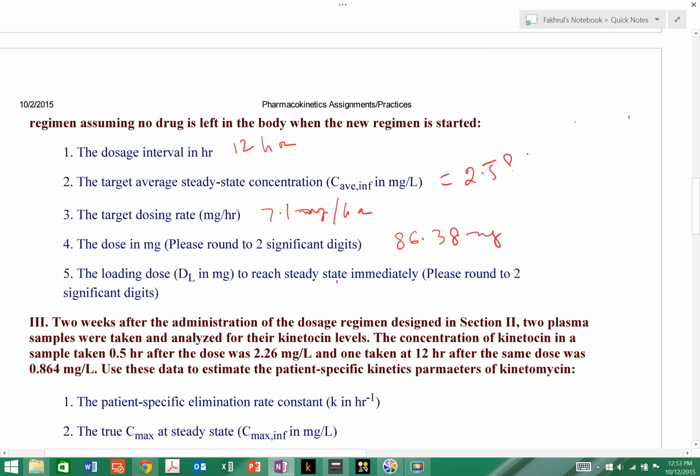For the loading dose you have to use a new RSCC, which you calculate using the same K but the new tau.